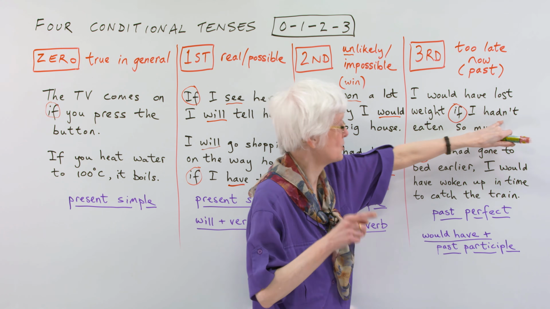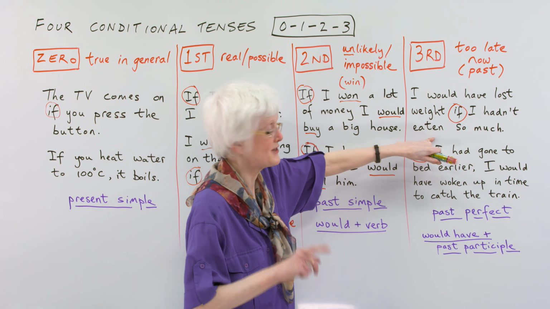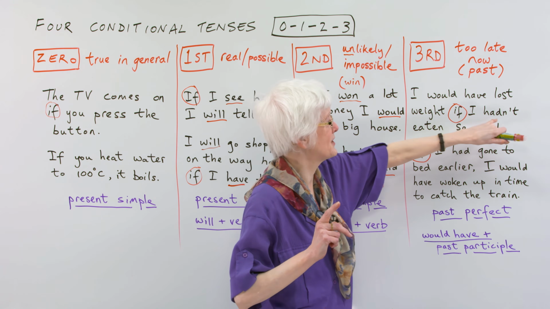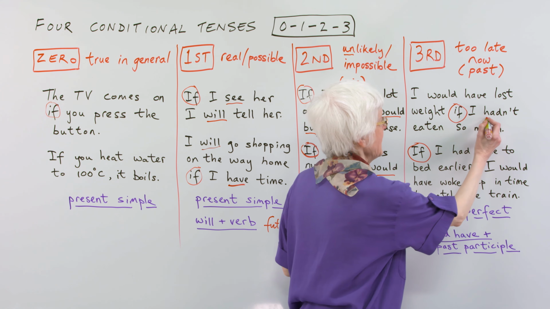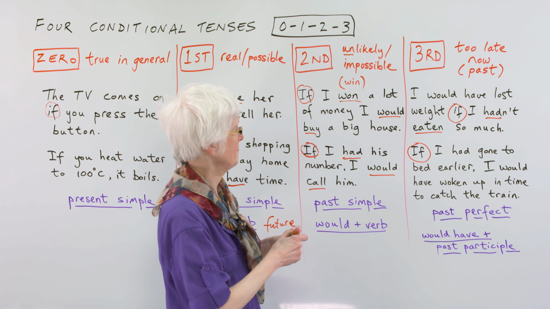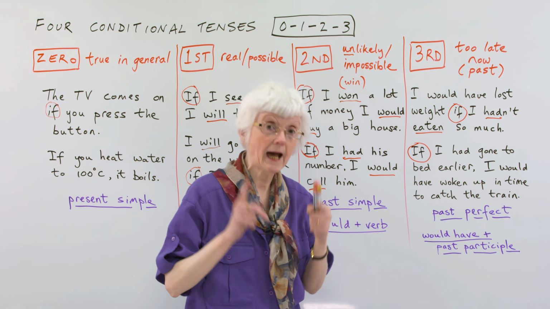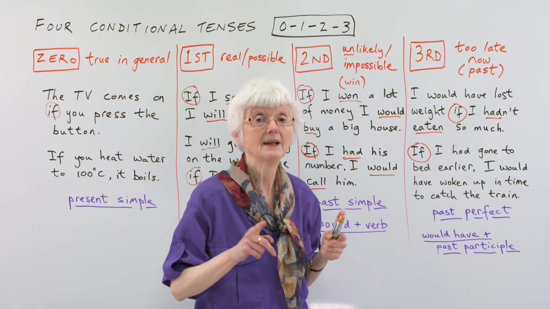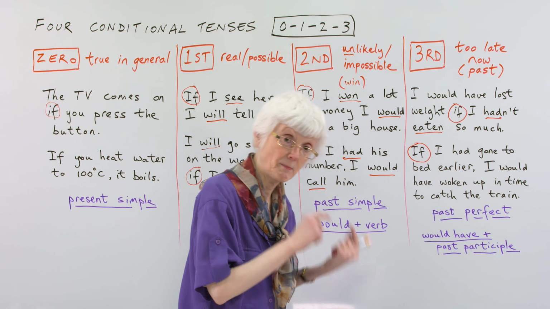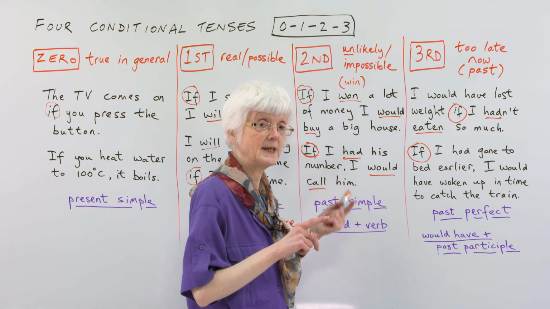If I had not eaten is the past perfect. Sorry, I get confused myself. If I had not eaten. So had plus eaten is the past perfect. If you say I have eaten, that's the present perfect. Okay, but this is the past perfect. I had not eaten.